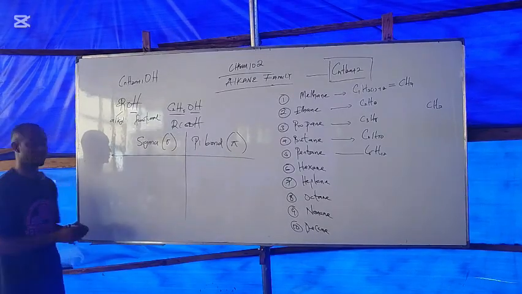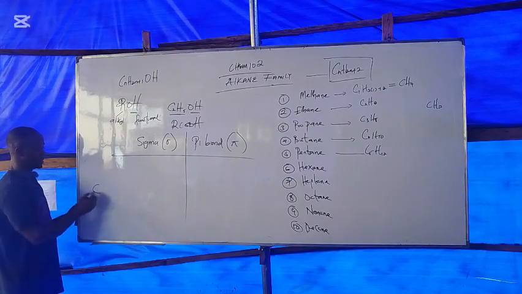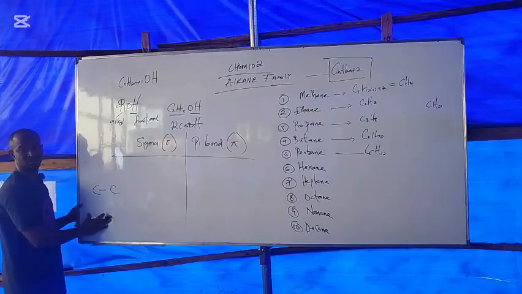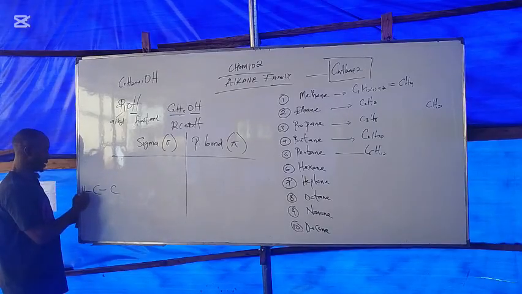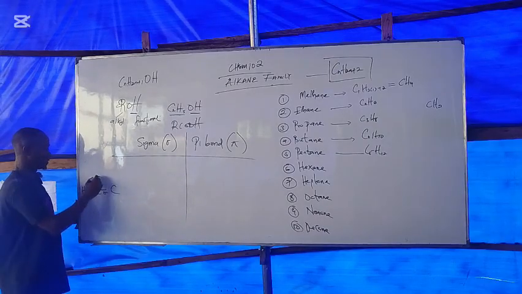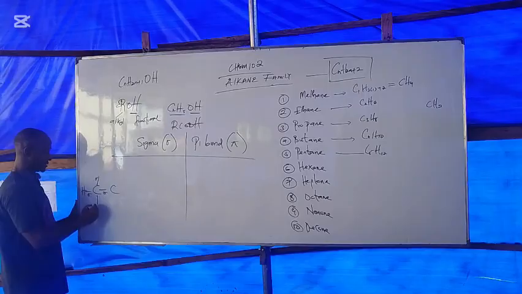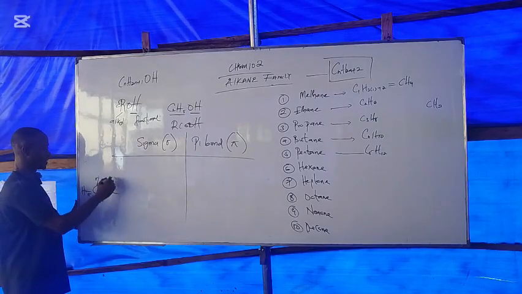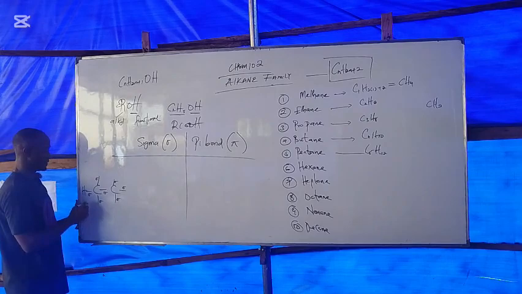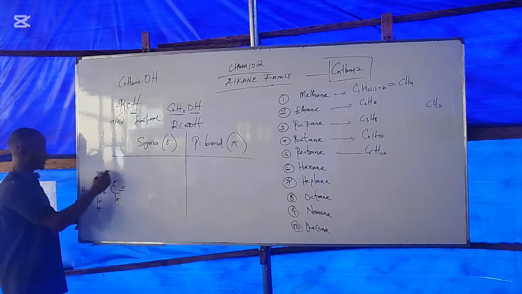Sigma bond. For example, if I have this, the first bond carbon links with itself, maybe with carbon, or with other elements, is sigma. Also here we have sigma, here sigma, here sigma, and here sigma. Isn't it so? So if I'm to complete this, we have hydrogen.